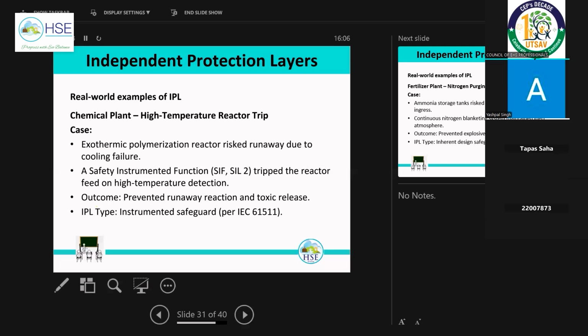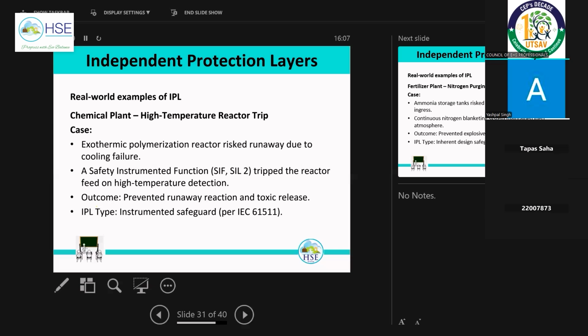A safety instrumented function like SIL 1 or SIL 2 trips the reactor. In this case, because of the cooling water supply failure, temperature and pressure increase, and the temperature transmitter and pressure transmitter will close the feed or start the alternate cooling water supply. Both can be there.